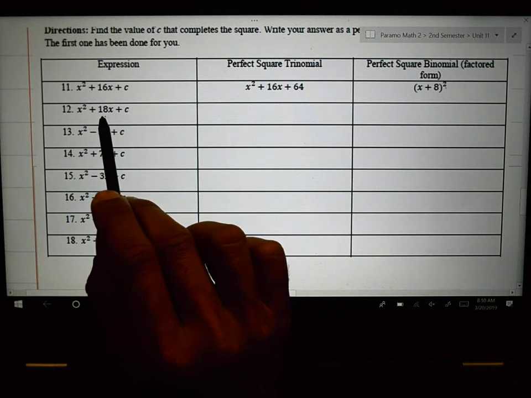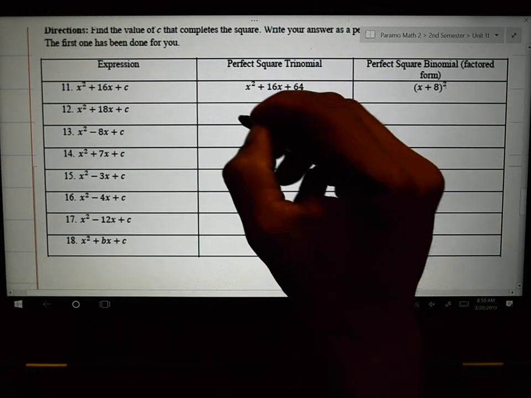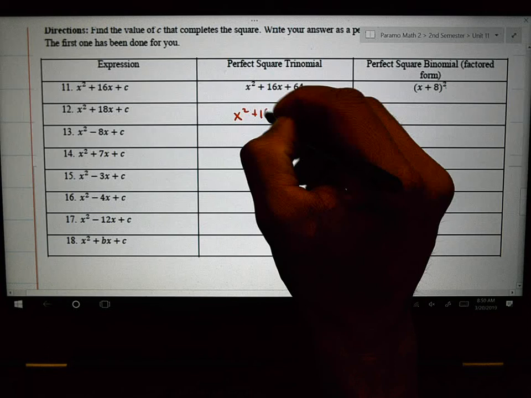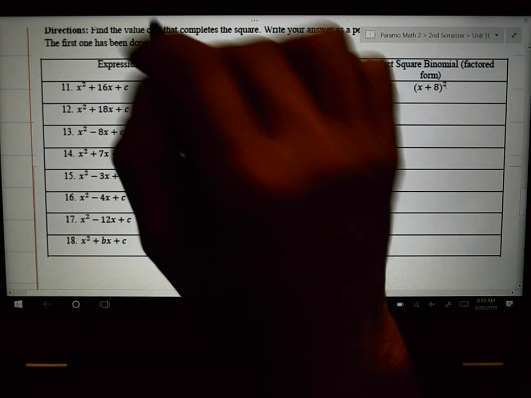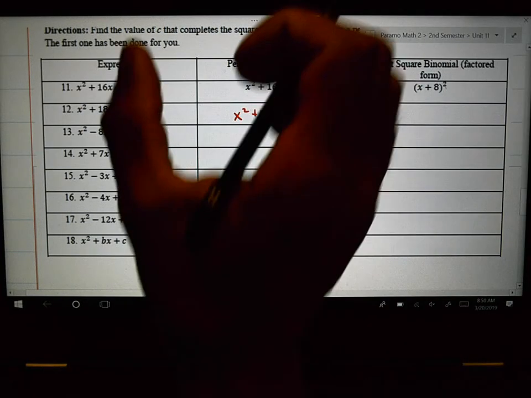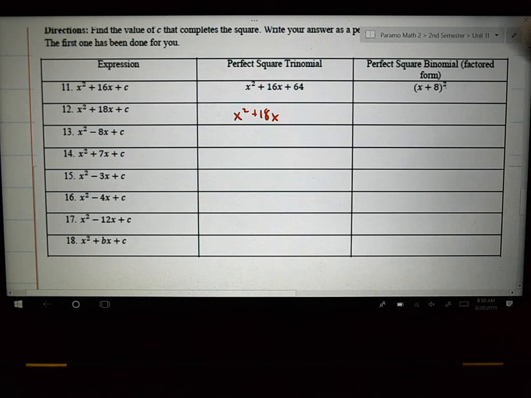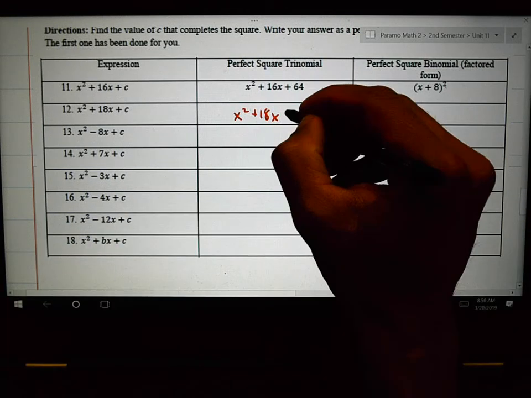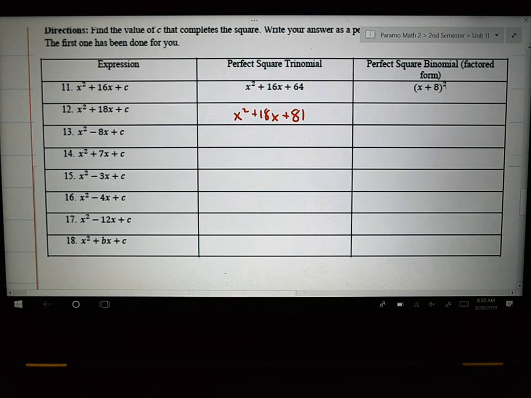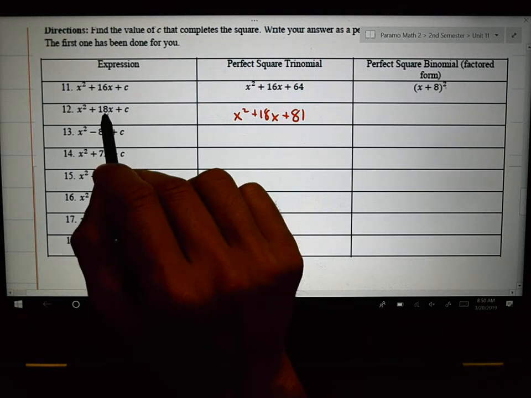Half of b, squared. What is half of b squared? Do you know? If there are 9 of those x's and 9 of those x's, they're asking you what is going to complete the square? Plus 81. Because half of 18 is 9, and you square that, that's 81.